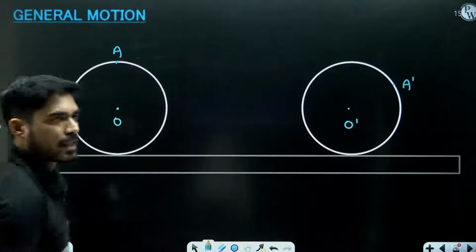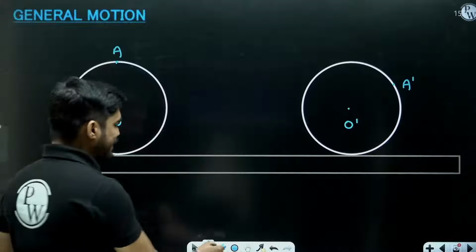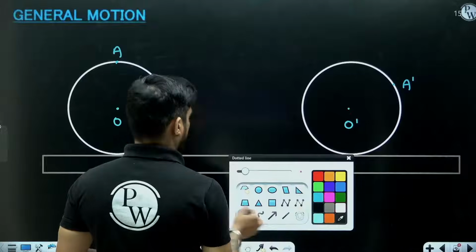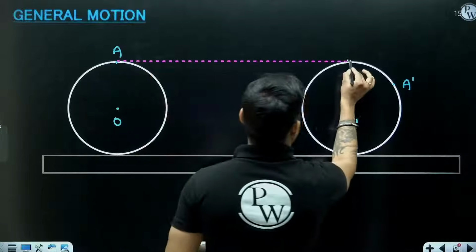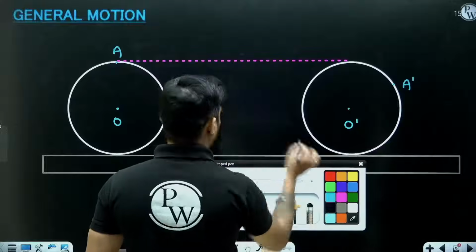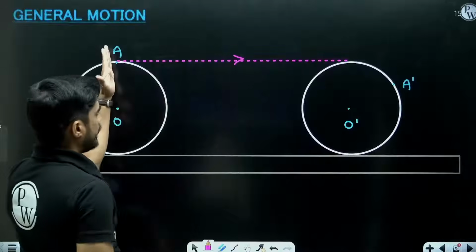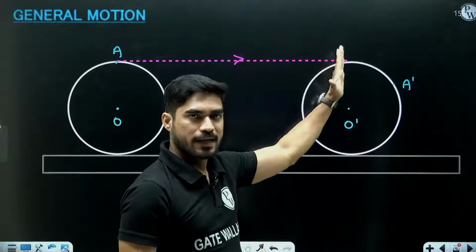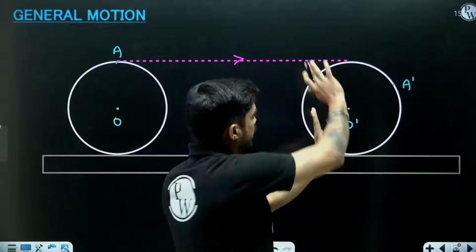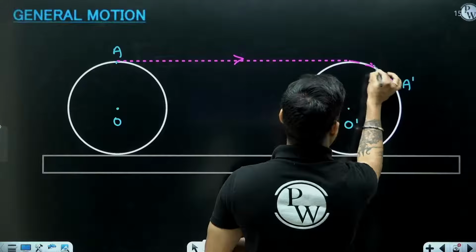If you see, this A first translated from here to here, right? I can assume that it first translated from here to here, and then at this point it rotated from here to here.